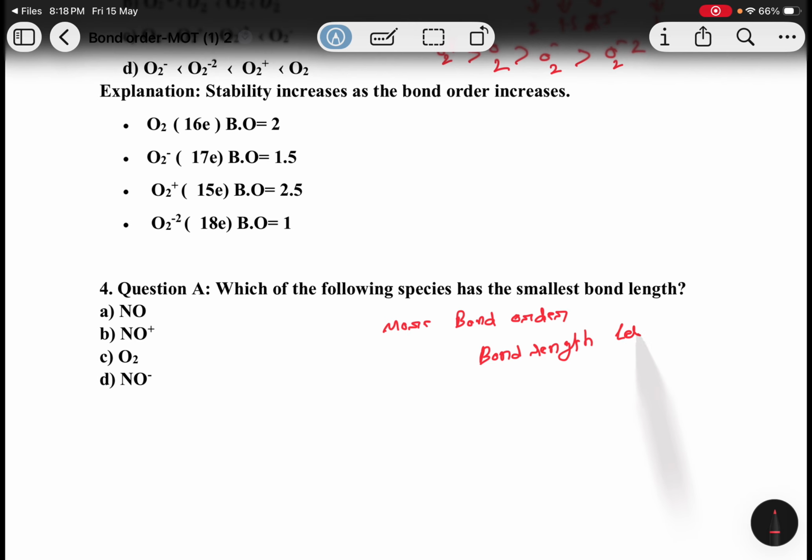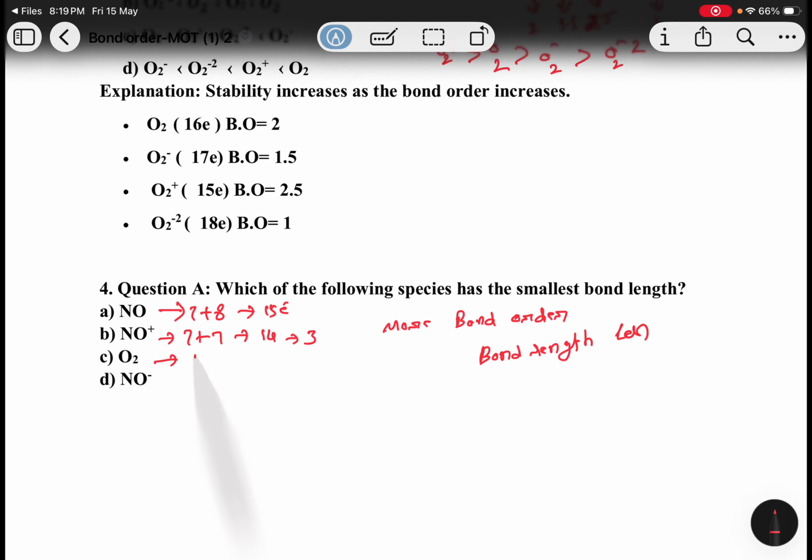Here for the NO molecule, nitrogen 7, oxygen 8, so total 15 electrons. For NO plus, nitrogen 7, oxygen, O plus means 7, 14 electrons means bond order is 3.